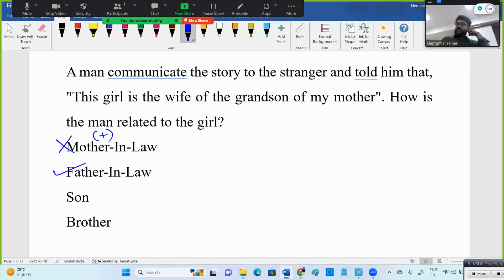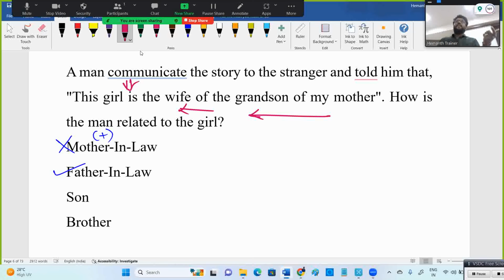Father-in-law is suitable. So a man communicated the story to the stranger and told him that this girl is the wife of the grandson of my mother. See, already discussed during the blood relation topic. When there is the word 'of', you have to read from back to front. The reason is simple.